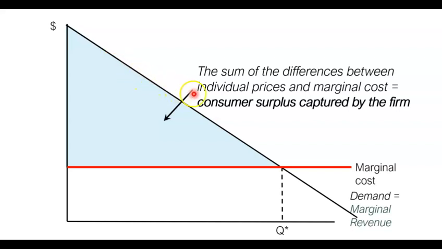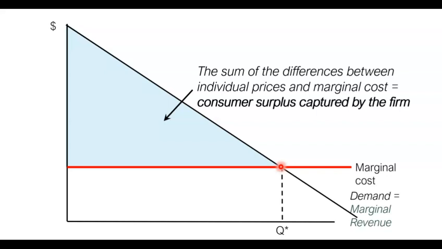If that was the case, then the sellers would be charging a separate price to every customer as reflected by the demand curve, and the consumer surplus that the buyers would have otherwise received has now become producer surplus.